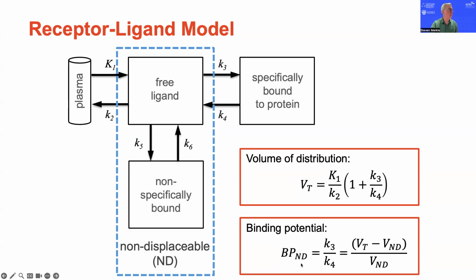So that's what that's all about. But the binding potential is important because it's proportional to the receptor density of the target protein or receptor that we're interested in.